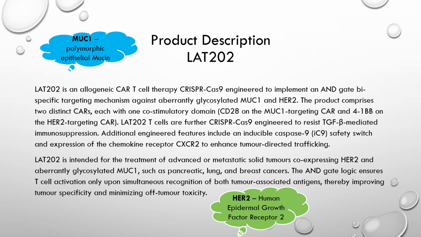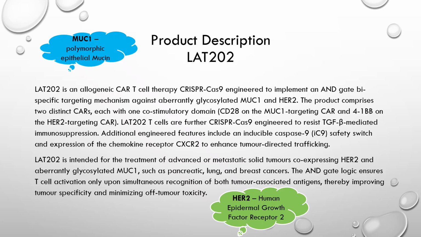They both target different antigens, if you like. One of them is the aberrant glycosylated MUC1, and the other is HER2, human epidermal growth factor receptor 2. And the product comprises 2 distinct CARs, each with 1 co-stimulatory domain, CD28 on the MUC1 targeting CAR and 41BB on the HER2 targeting CAR.